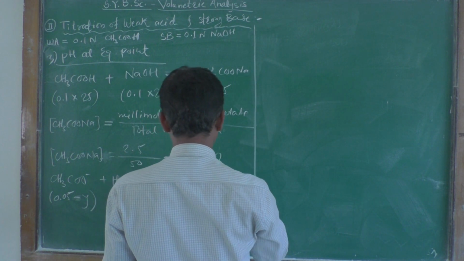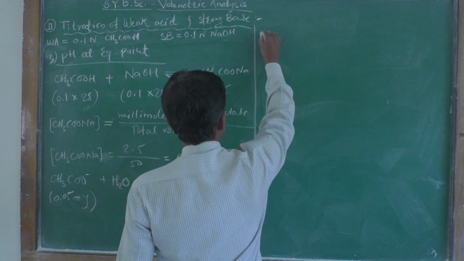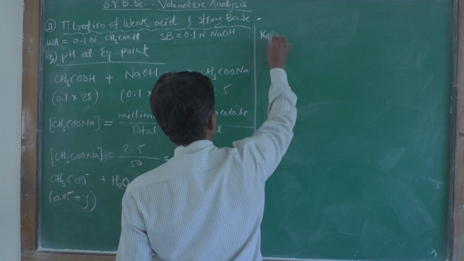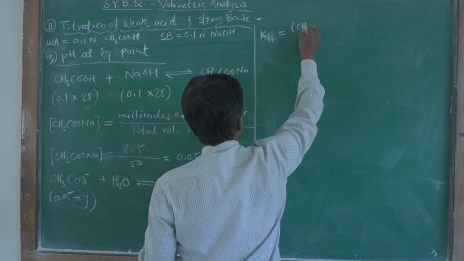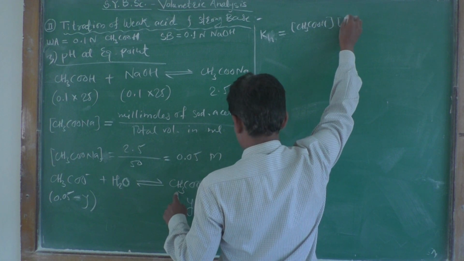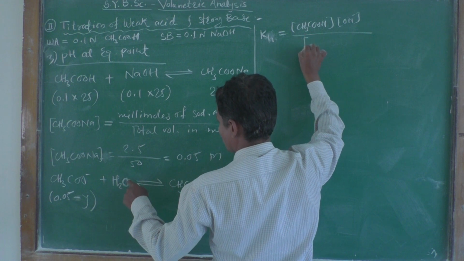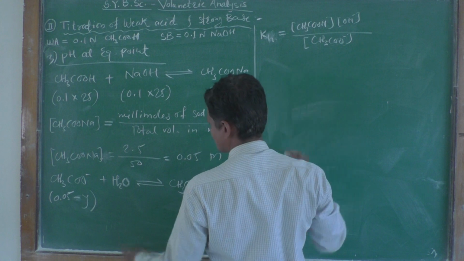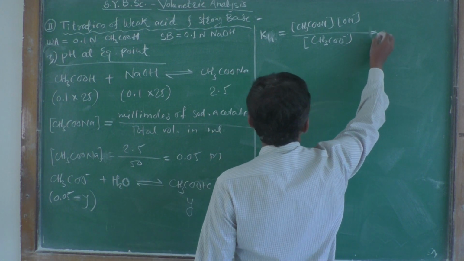So the hydrolysis constant KH for this reaction we can write as the concentration of CH3COOH into the concentration of OH minus divided by the concentration of CH3COO minus. As water is taken in large excess, its concentration remains as it is.